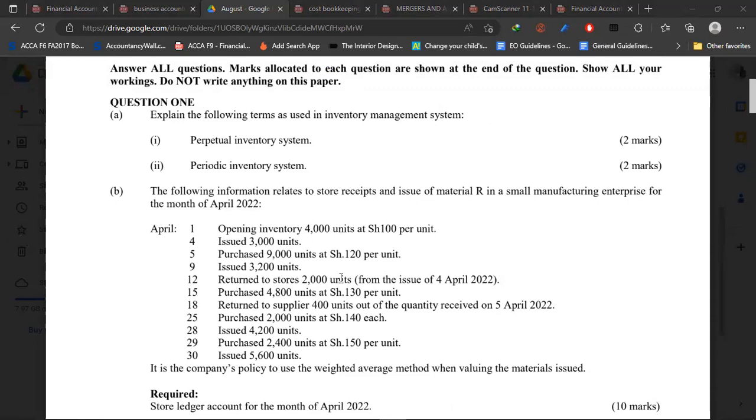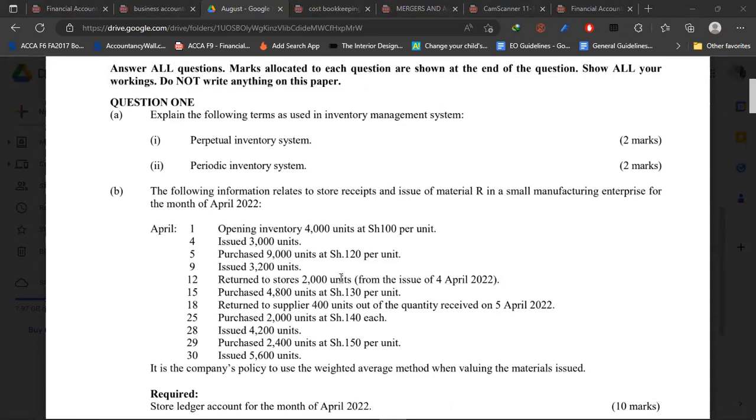The following information relates to store receipts and the issue of material R in a small manufacturing enterprise for the month of April 2022. The opening inventory 4,000 units at 100 shillings per unit. There were 3,000 units issued.